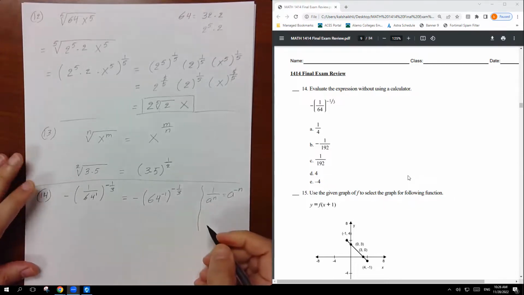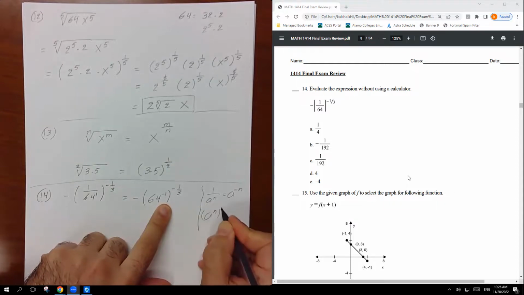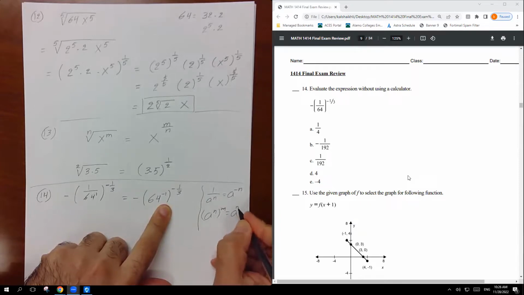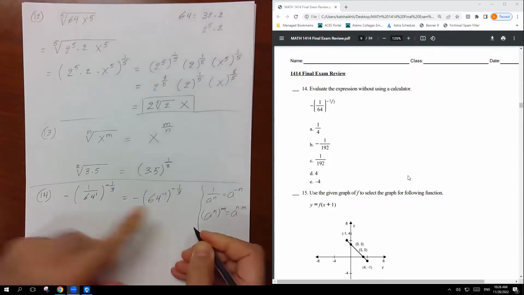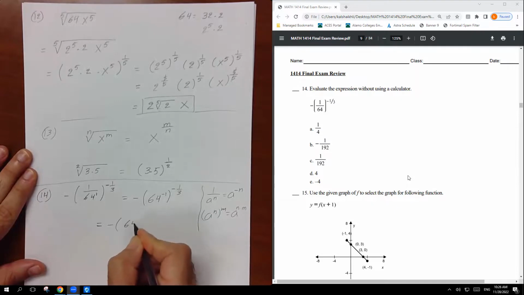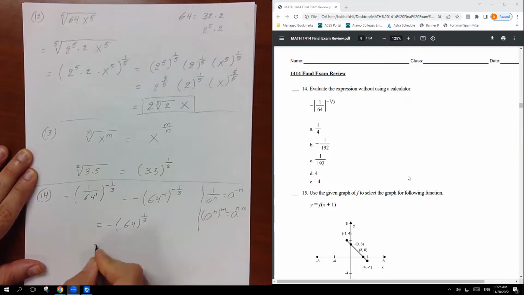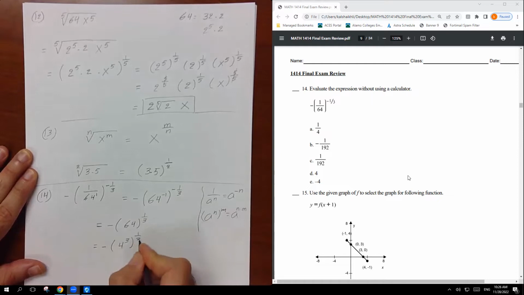Now I'm going to use another rule. It says if you have a number with exponents n and m, it's the same as the number to the power n times m. That means you can multiply the exponents. So this one is going to be negative, and here is 64, negative times negative is going to be positive 1/3. Here is the negative. 64, I can write as 4 cubed, because 4 times 4 times 4 is 64, to the 1/3.